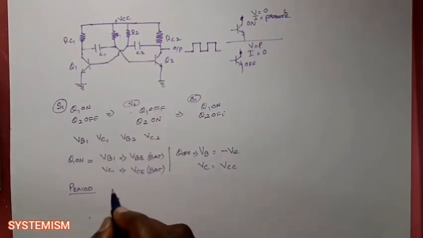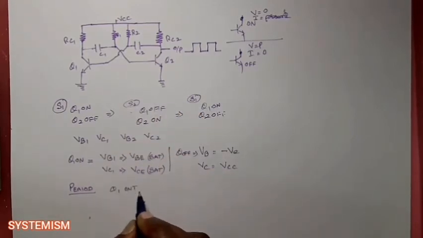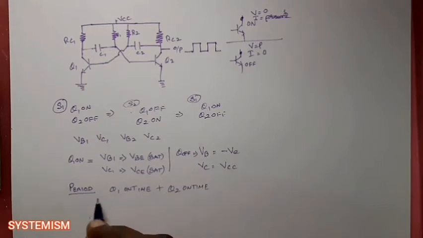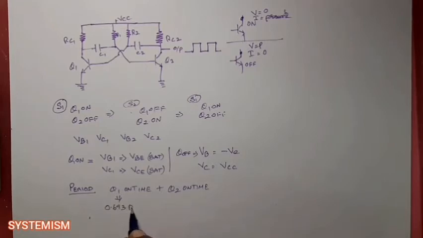So what is the on time of transistor Q1? Q1 on time is given by 0.693 R1 C1. This is the charging RC time constant. So this is the on time of your transistor Q1.